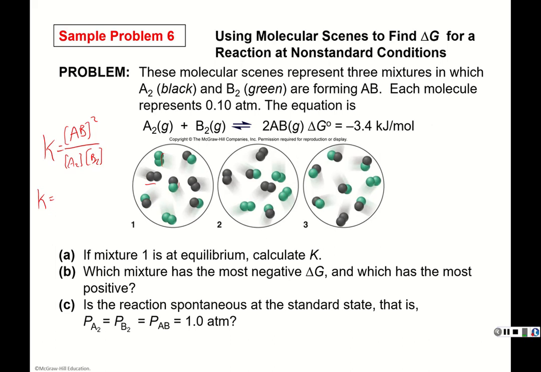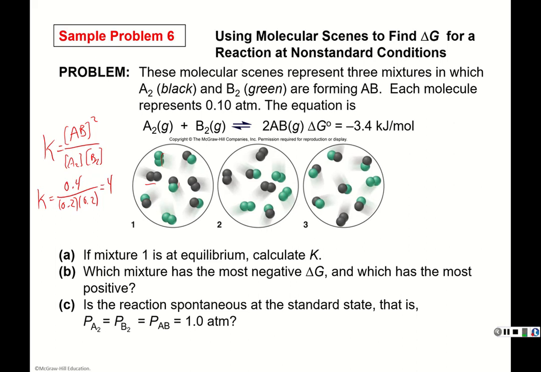Or you could just count up the number of molecules. You'd get the same thing. But since they're giving us the partial pressures per molecule, let's just do that. So the pressure here for AB, there's 4 of them, so it'd be 0.4. There's 2 of each of the A2 and B2, so those would be 0.2 and 0.2. Okay, so our K value is going to be 4.